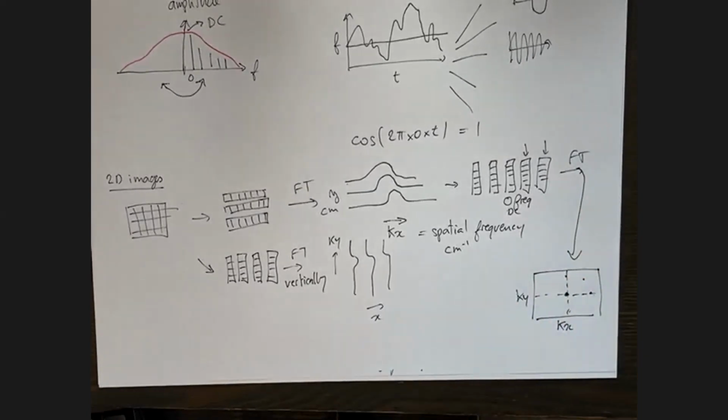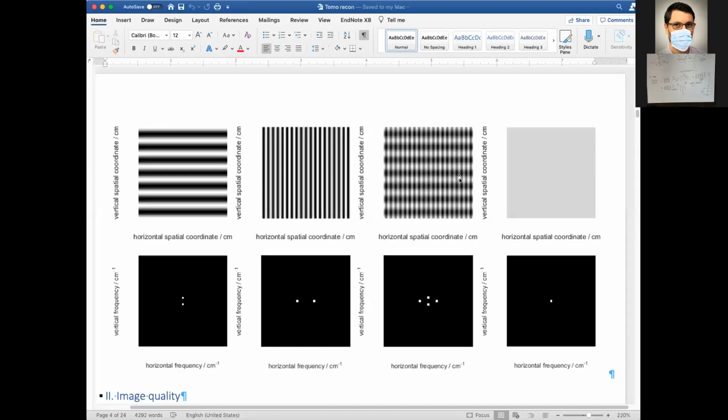Okay, so now let's look at what this looks like in practice. This is a picture that's included in the lecture notes, and it shows examples of spatial frequencies and what they look like, both in the frequency domain and in the spatial domain. In this first example, we have alternating stripes that are aligned vertically.